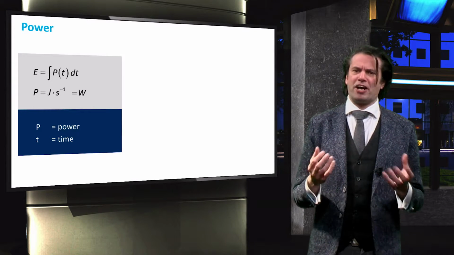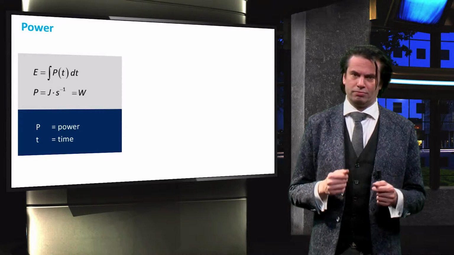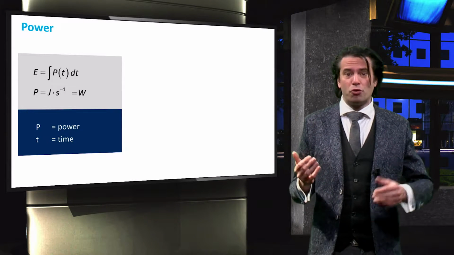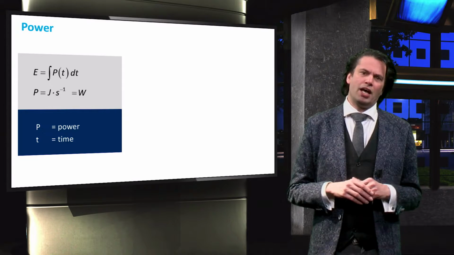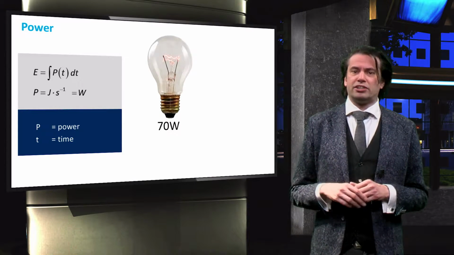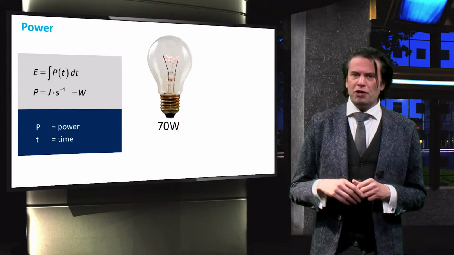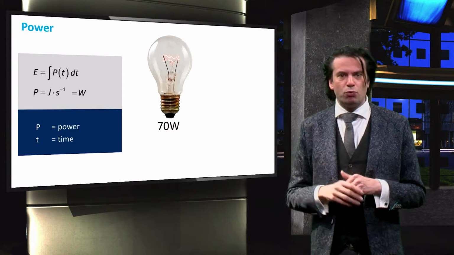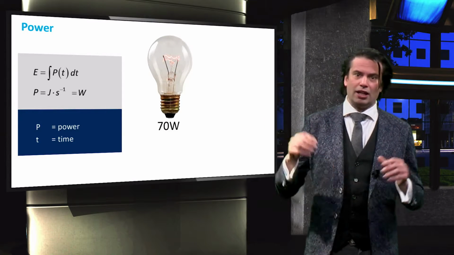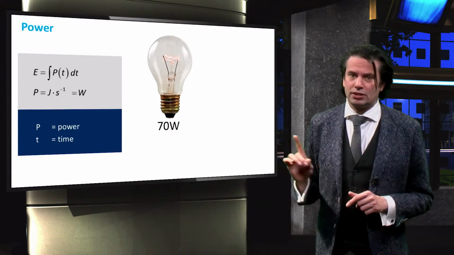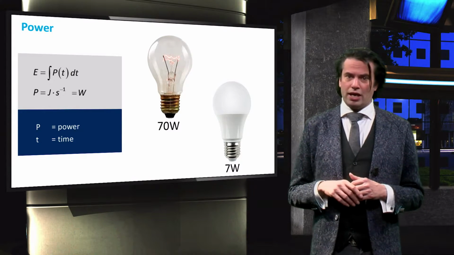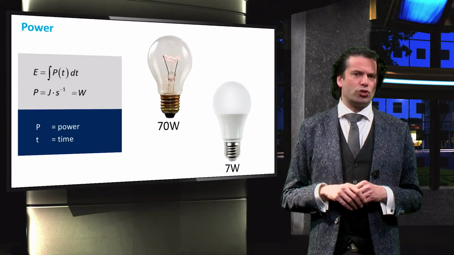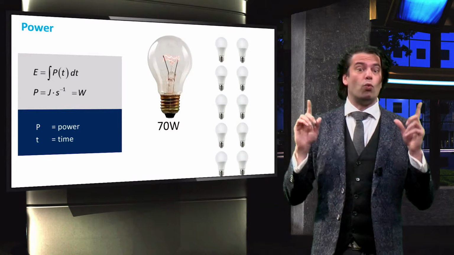Power is therefore expressed in joules per second. 1 joule per second is also known as a watt after Scottish engineer James Watt. As an example, with 70 joules of energy, we could power this 70 watt incandescent light for exactly 1 second. We could also power this 7 watt LED light for 10 seconds or 10 of these LED lights for 1 second.